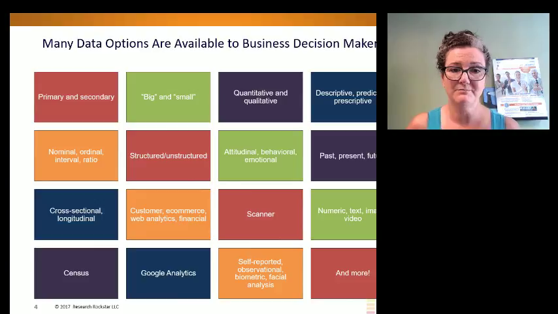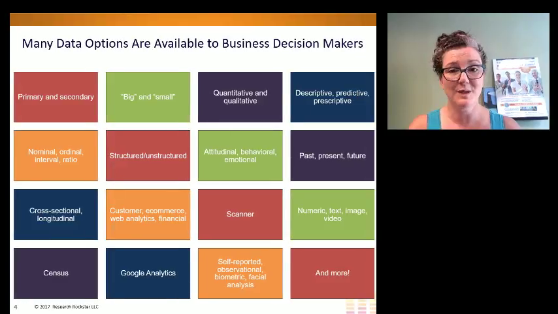These days, the truth is that business decision makers have a lot of different data sources available to them. Some of them come from their market research departments or suppliers. Some of them come from other sources and other types of specialists. But we have to recall that these days, people are very aware that they have a lot of different data options. Business decision makers know that they have other options beyond surveys and focus groups, and even in-depth interviews and ethnographies.